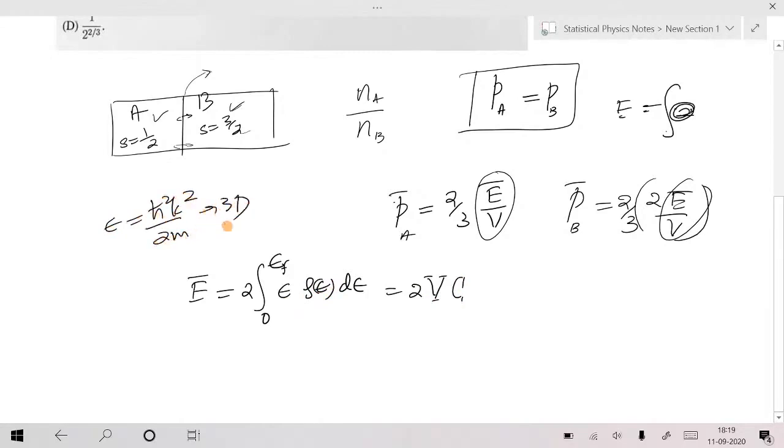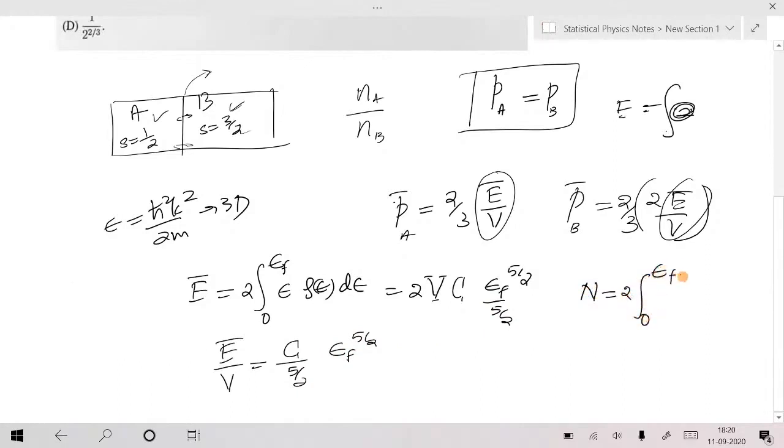This gives E to the power 3 by 2, E_F to the power 5 by 2 divided by 5 by 2. I can absorb this 5 by 2 into the constant, so E bar by V is that constant divided by 5 by 2, times E_F to the power 5 by 2. This factor is also important. Now, the number density N, you can write again as 2 times the integral from 0 to E_F, whatever I am doing, I am doing for A.